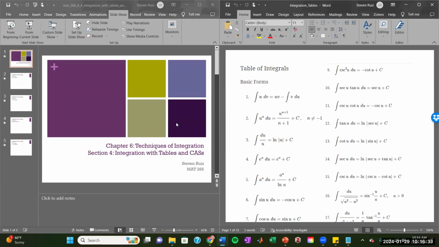I think even the very old TI calculators can do a definite integral and give you a final number. Some of the newer ones can take an indefinite integral and give you an antiderivative. Some of those things are going to be useful, even if it's just to check something you've done by hand. So that's something I want to talk about now.